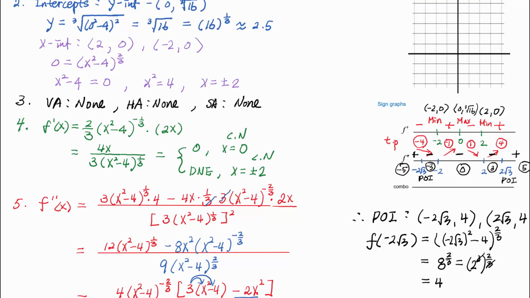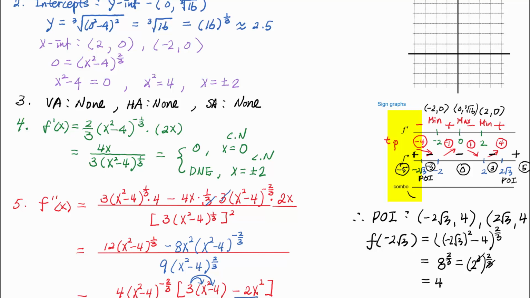And let's combine f prime and f double prime to look at the shape of our graph. If we look from negative infinity to negative 2 radical 3, my graph goes down, but it is concave up. So it's going to be a cup shape that is decreasing.